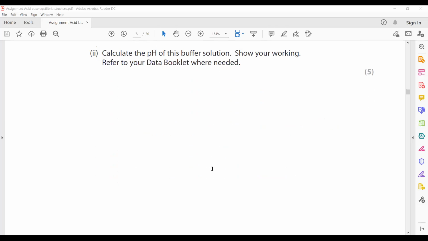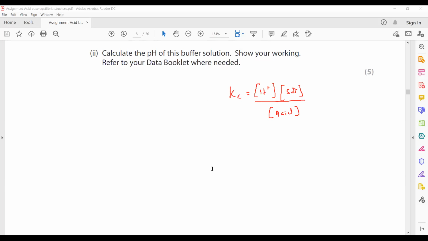Because this is a reaction between an acid and an alkali, making a buffer solution, for a buffer solution Ka is equal to the hydrogen ion concentration times the salt concentration divided by the acid concentration.